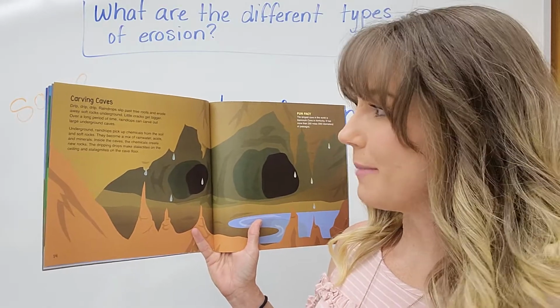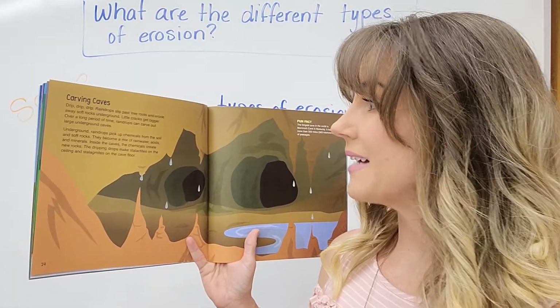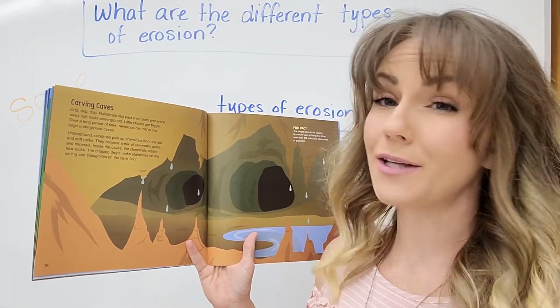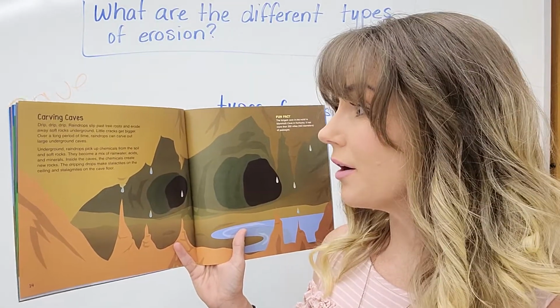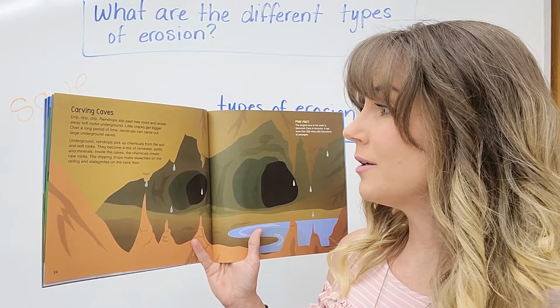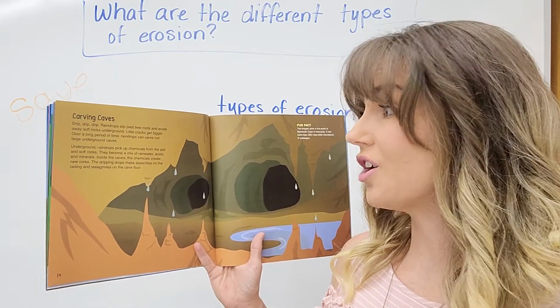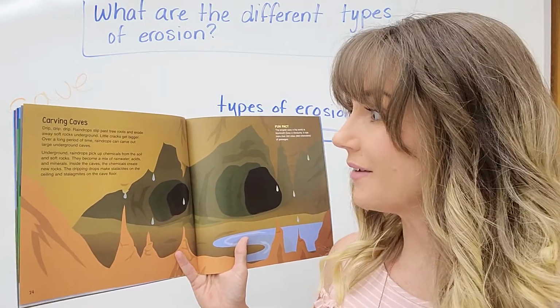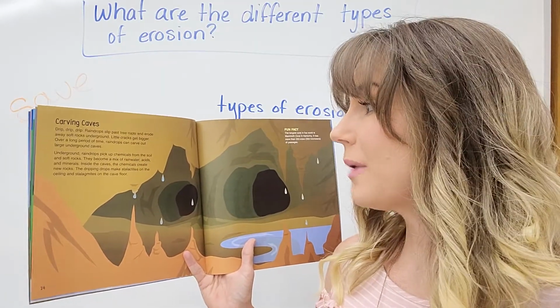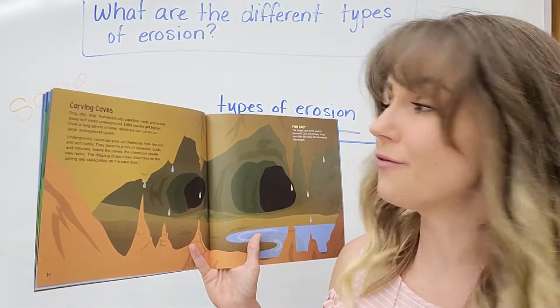Drip, drip, drip. Raindrops slip past tree roots and erode away soft rock under the ground. Little cracks get bigger. Over a long period of time, raindrops can carve out caves, large underground caves. Underground raindrops pick up chemicals from the soil and soft rocks.